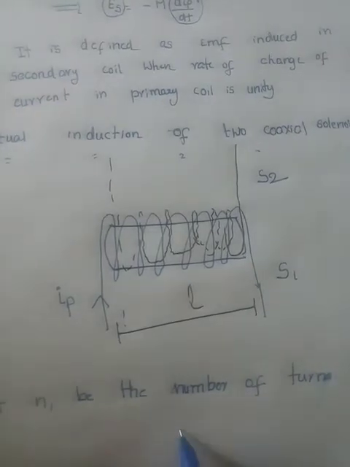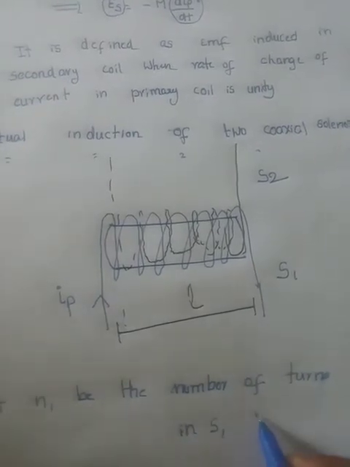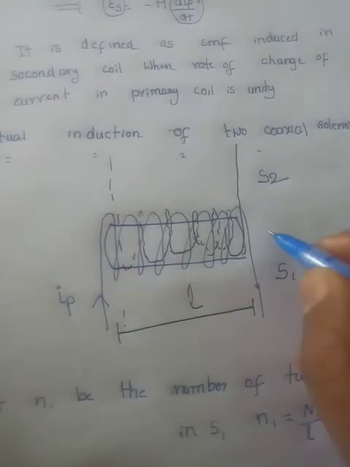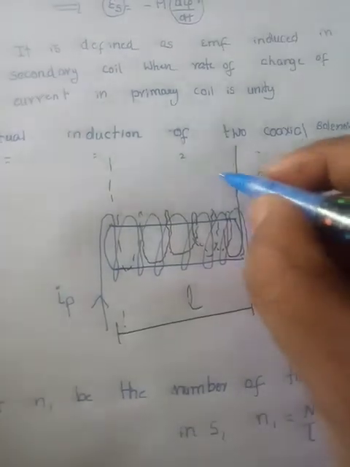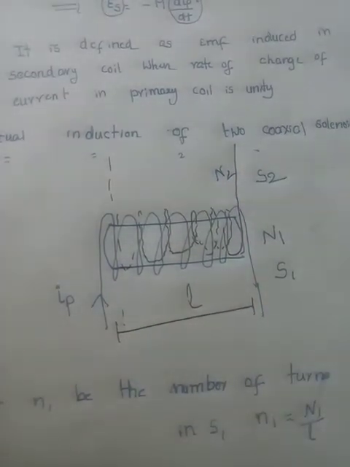Let N1 be the number of turns in S1. The number of turns in S2 is N2. As usual, we consider n1 turns per unit length in S1 and n2 turns per unit length in S2.